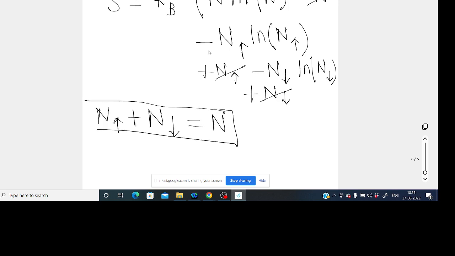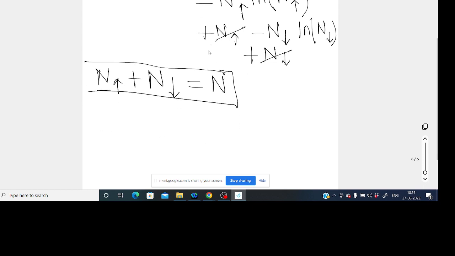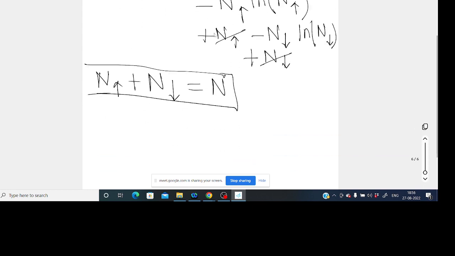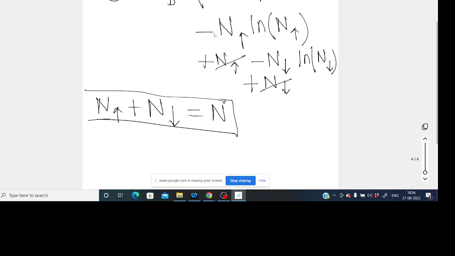Now this n can be written as n up plus n down.